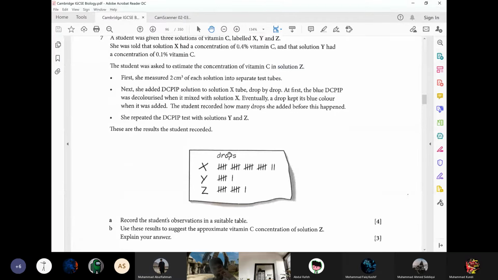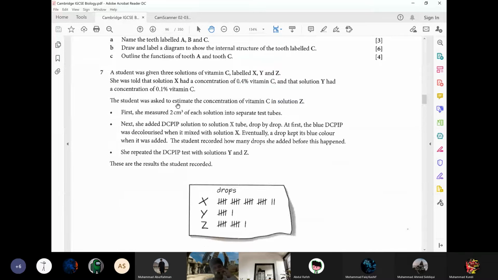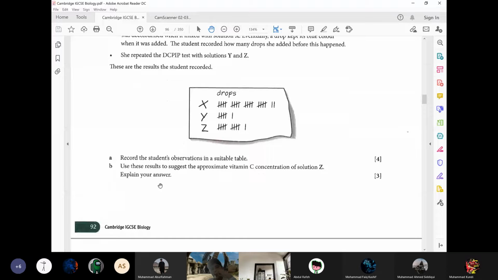Now, what is the half of 22? 11, right? So, X concentration is how much? It has told 0.4%, right? So it means Z has a concentration half of 0.4. That will be what? 0.2. Understand? So, you will write the concentration of Z 0.2. And explain your answer.